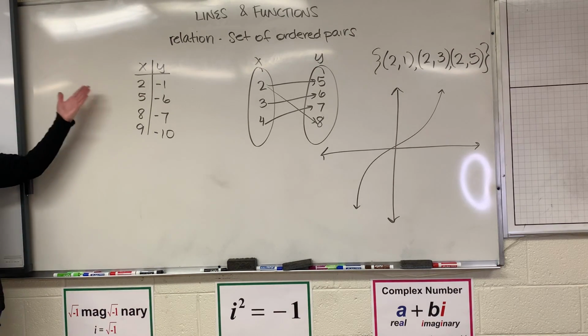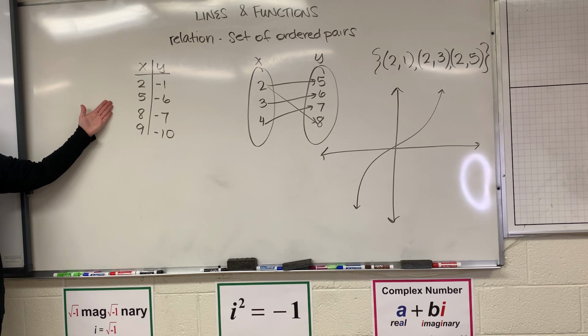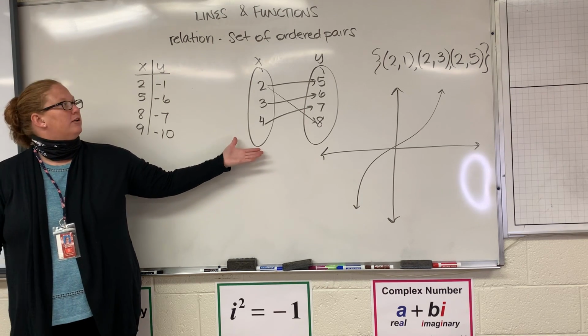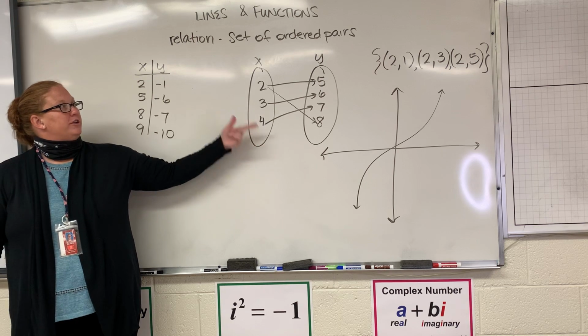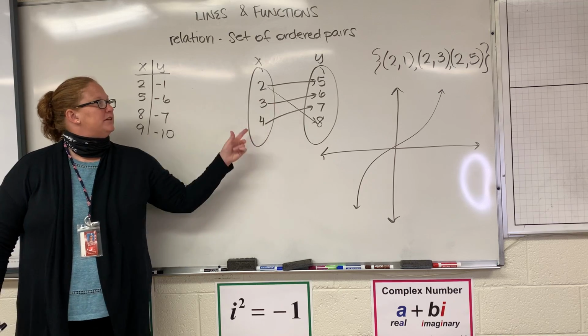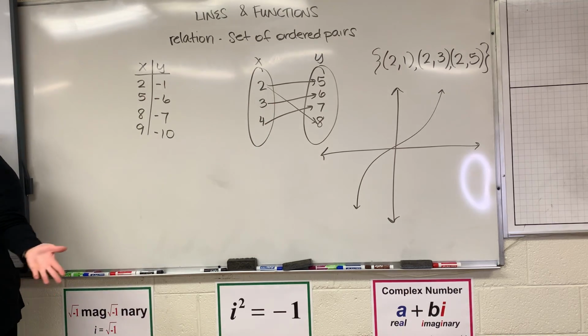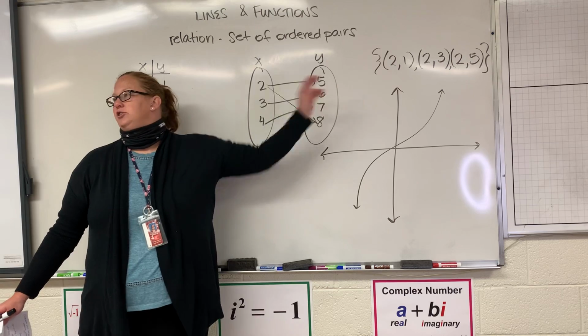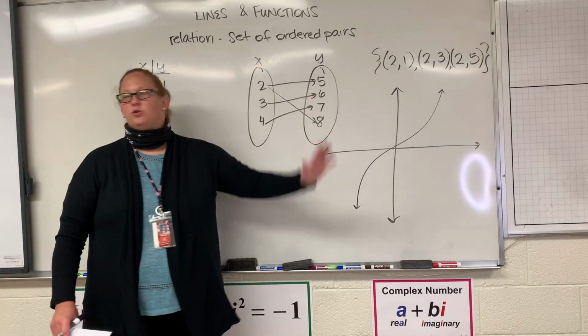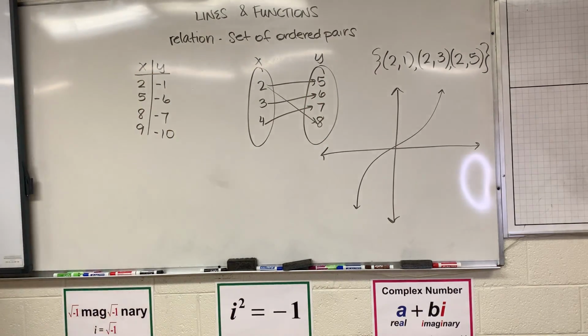Okay, we got our table of values. These are all ordered pairs. We have our bubbles over here. They're called something, I don't remember. And each one of these is an ordered pair, right? So (2, 5), (2, 8), (3, 6), (4, 7). So those are ordered pairs. This is in set notation. Those are all lists of ordered pairs. And then a graph is a bunch of ordered pairs as well, so many that you can't just list them.